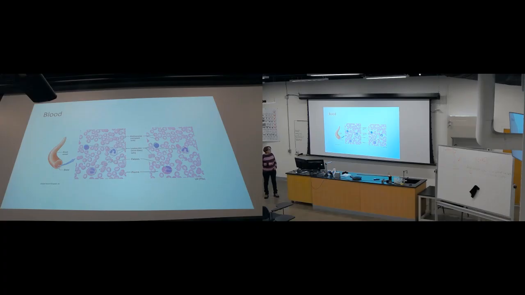And the function in general of white blood cells is to protect us against infections. Since most of us are not having an infection all the time, it makes sense that we have fewer white blood cells than red blood cells.